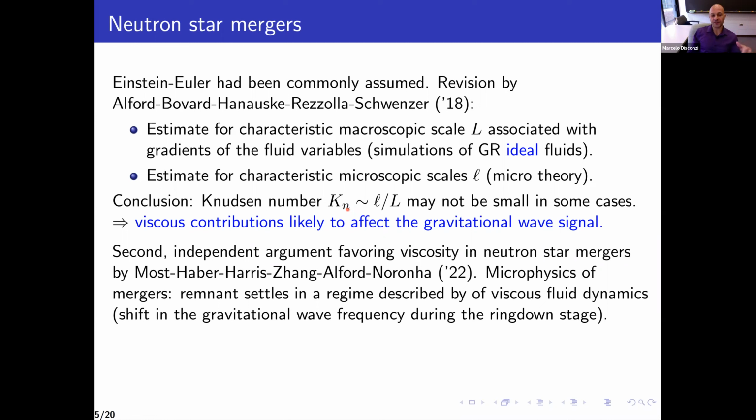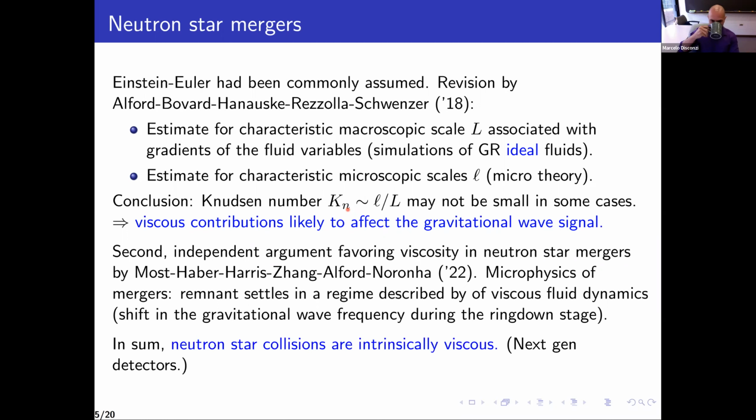They also show that this causes a shift in the gravitational wave frequency during the ringdown stage. So in sum, the message here is that neutron star collisions are intrinsically viscous. And this is not just something theoretical. These authors also explain why the next generation of gravitational wave detectors is going to be able to probe the contributions of viscosity in neutron star mergers.